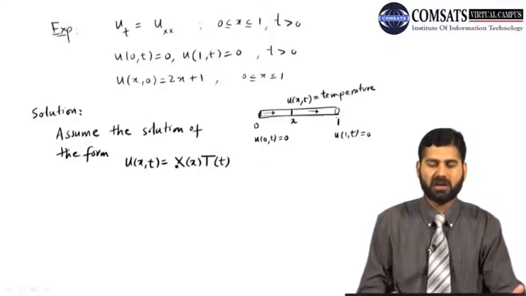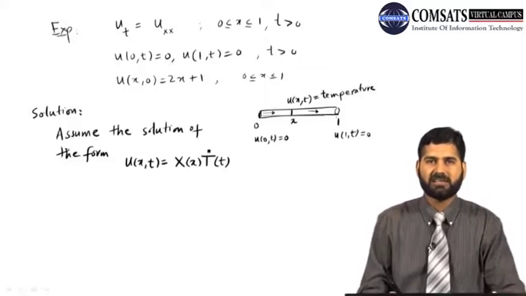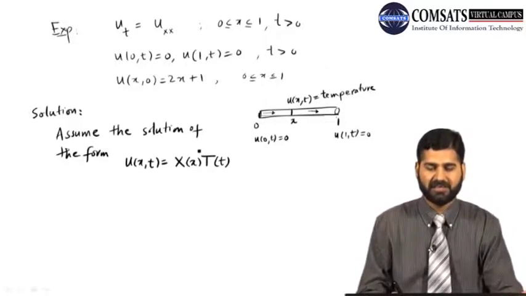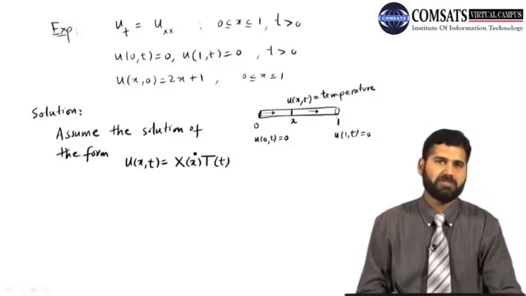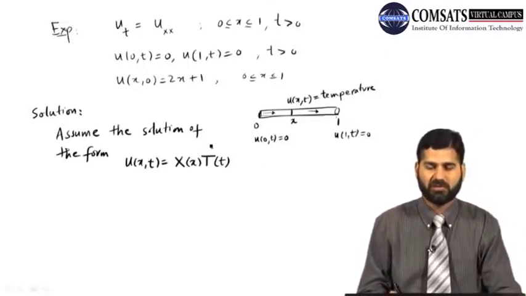This is your choice. You can call them f and g. It's not a hard and fast rule to name them capital X and capital T. You can call them f, g, phi, whatever you want.